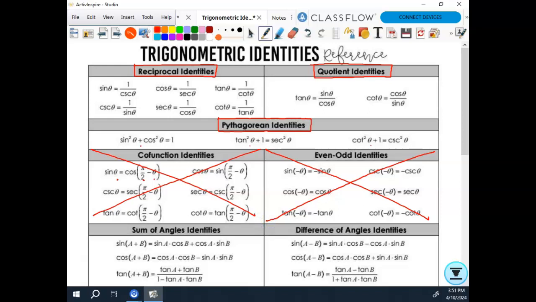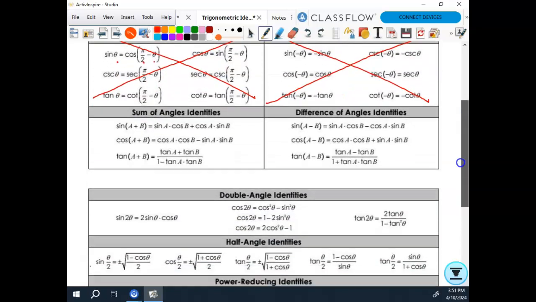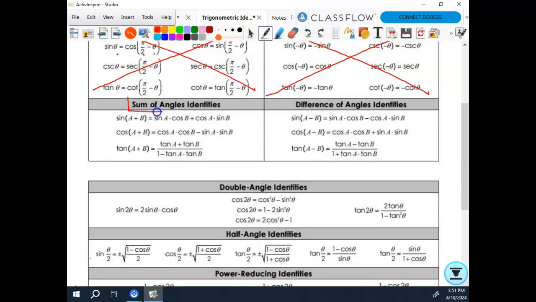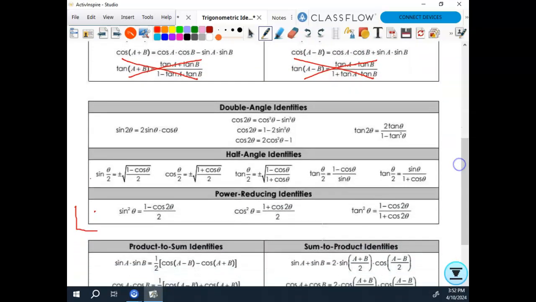Okay. Then we do have the sum and difference, but we only have to know them for sine and cosine. We don't have to know them for tangents, so it eliminates that. Then yesterday we did come up with our double angle identities from our sum and difference. Here's our sine of 2 theta, and here's cosine, all 3 versions, but we do not have to know tangent.